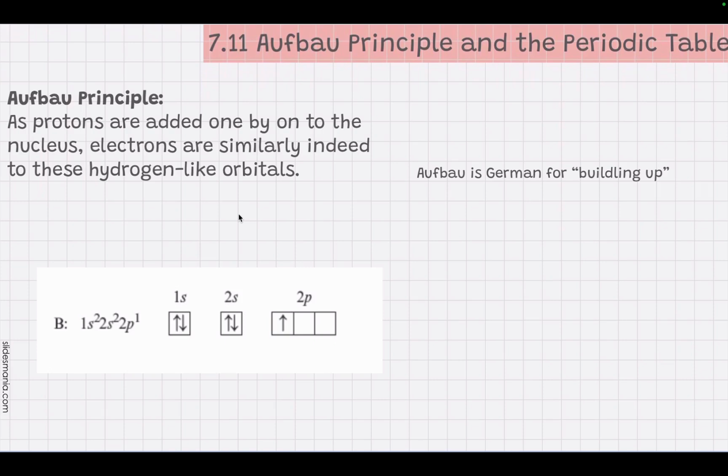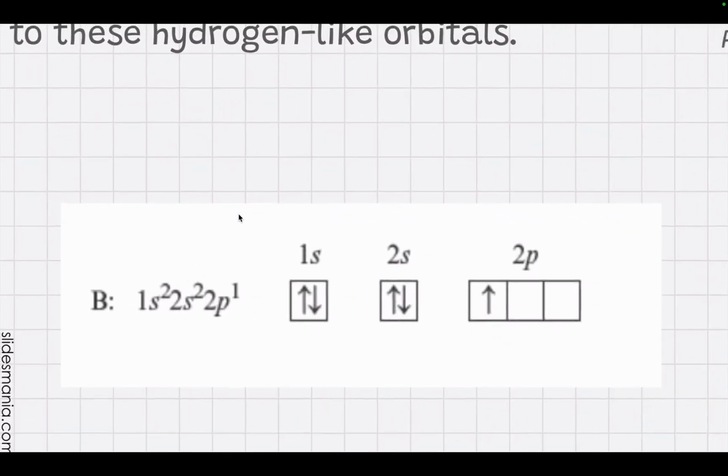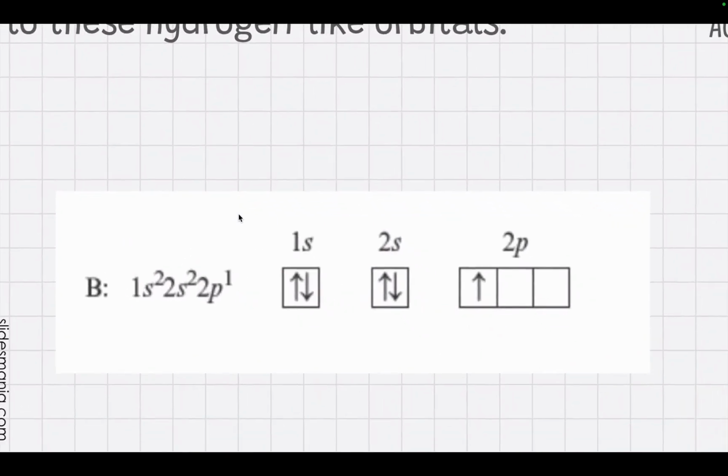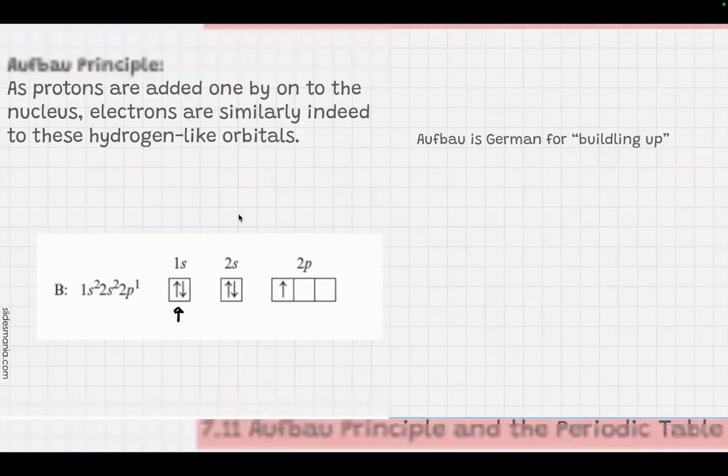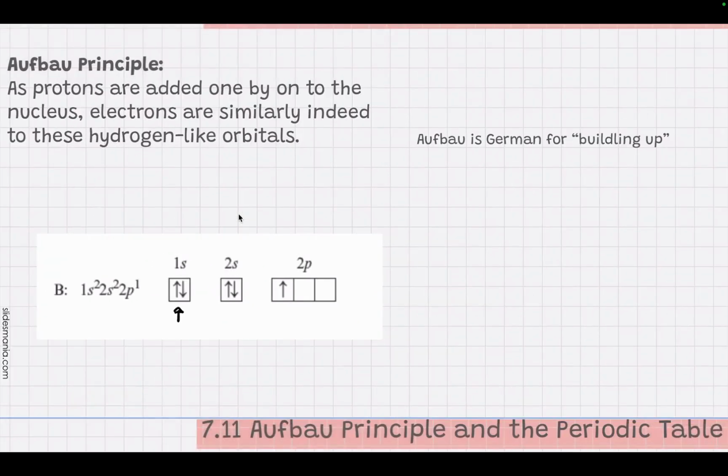The word Aufbau is German for building up. So you can see boron has 5 electrons, and they're going to start at the lowest energy, and then they'll go filling, going up. This would be a ground state electron configuration for boron, where the electrons are as close as possible to the nucleus.